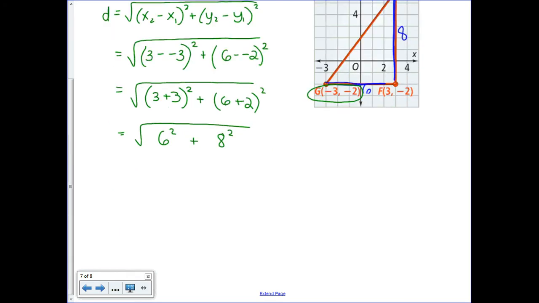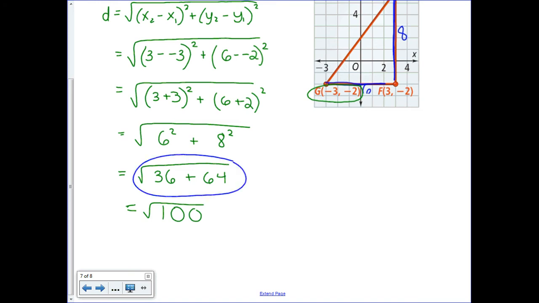We've got 6 squared plus 8 squared. So remember, the order is very important. You square them both, and then the very last thing you do is use the square root sign. You want to square them both, add them together, and the very last thing you do is square root. If you try to square root at this step, you'll end up just doing 6 plus 8, which is 14.